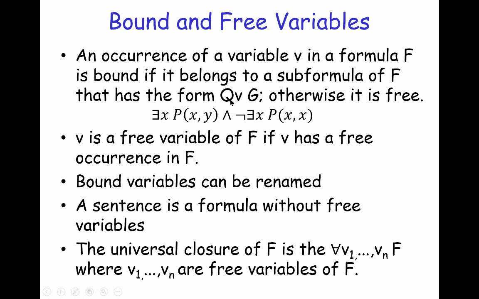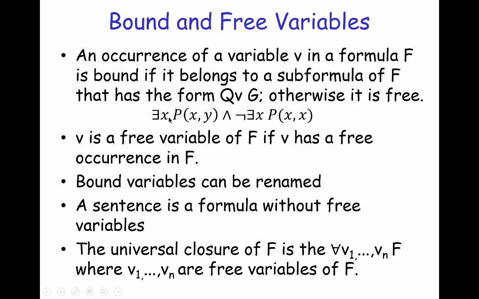So let's look at this example: there exists x, p x y, and not there exists x, p x comma x. Note here that there are 1, 2, 3, 4, 5 occurrences of x, and 1 occurrence of y.